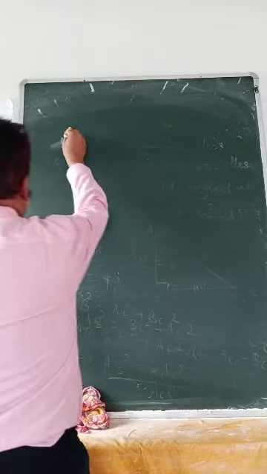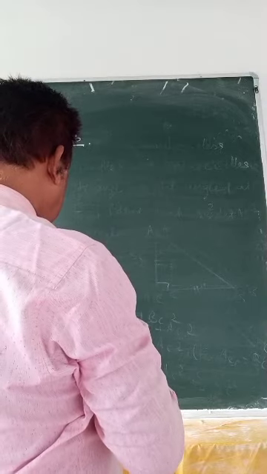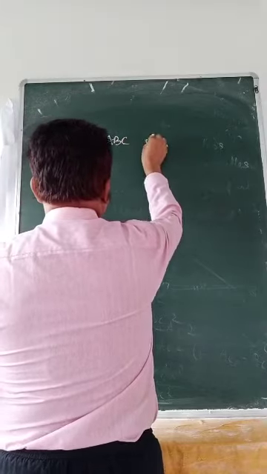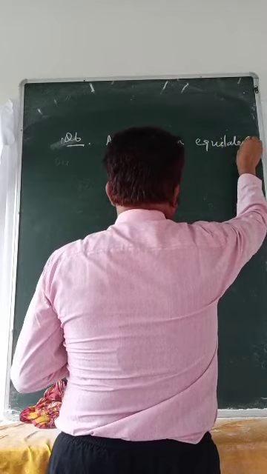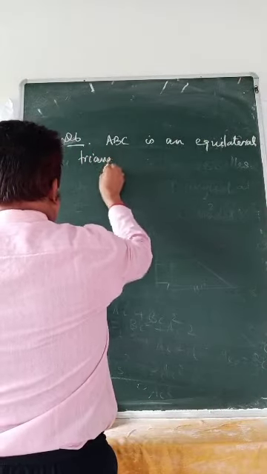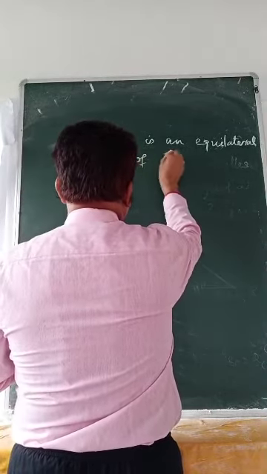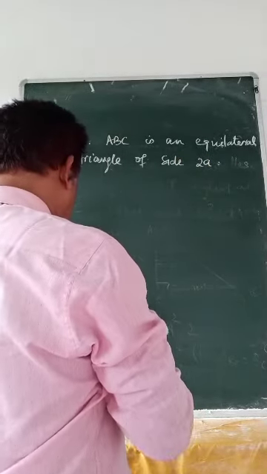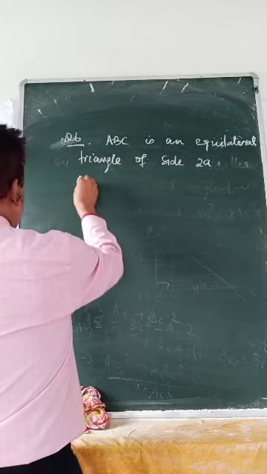Now question number 6. ABC is an equilateral triangle of side 2A. Find each of its altitude.